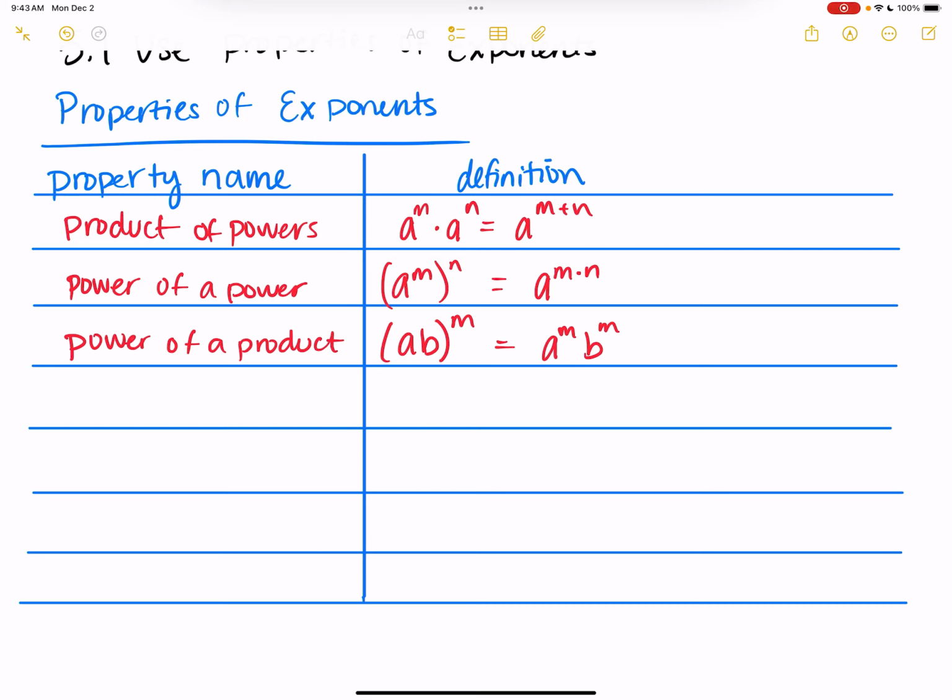A negative exponent. If we have a to the negative m, that would be the same as 1 over a to the m, assuming a is not equal to 0.